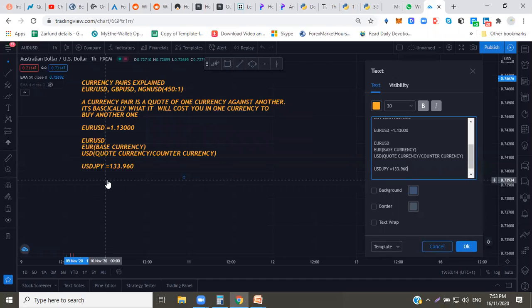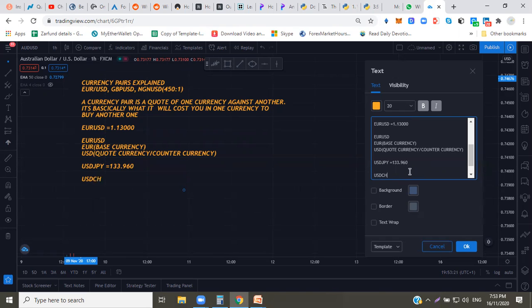Yes. Great. So now let me pick yet another one. USD CHF equals 0.98. So now, can you explain this? First of all, which one is the quote?